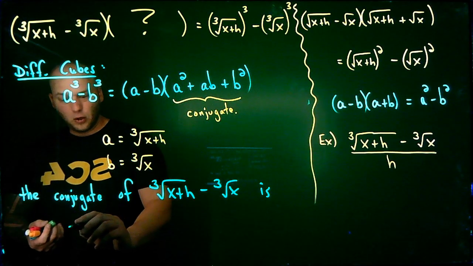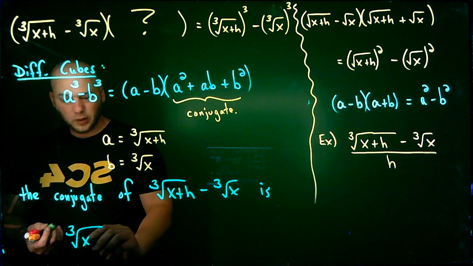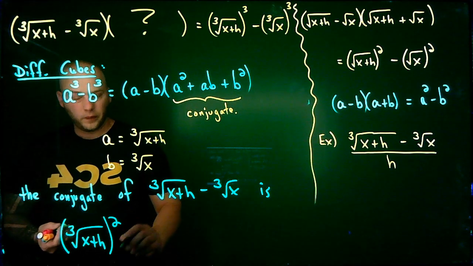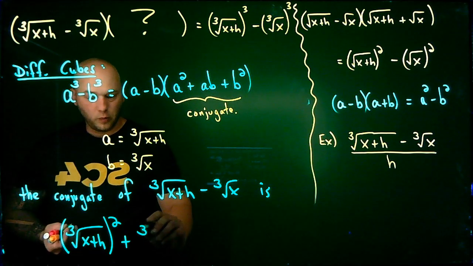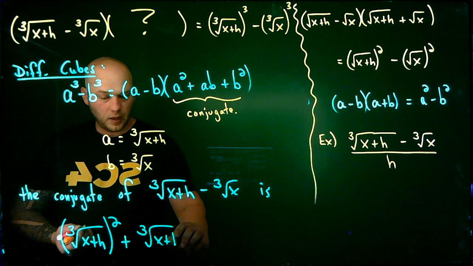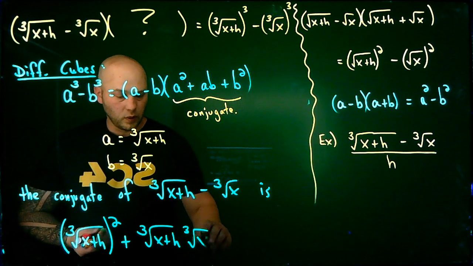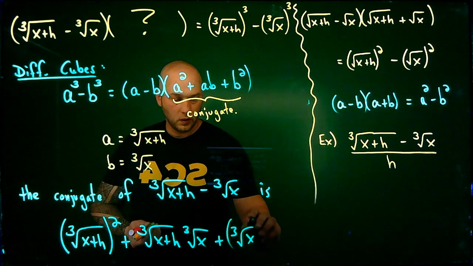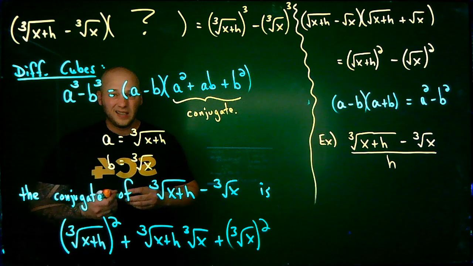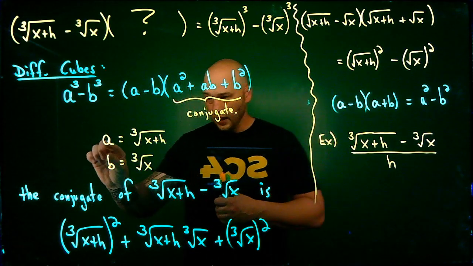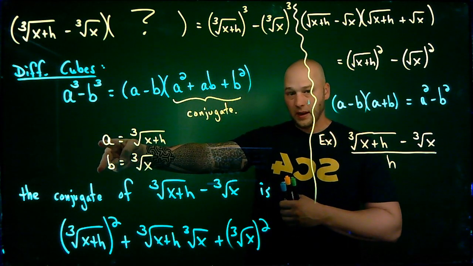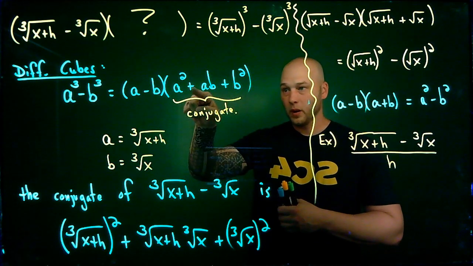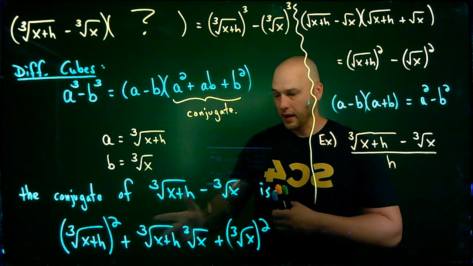It's the cube root of x plus h squared plus the cube root of x plus h times the cube root of x plus the cube root of x squared. That looks complicated. It's really not that big of a deal. It's simply the a and the b that I identified here plugged into this expression that's labeled the conjugate. So a squared plus ab plus b squared. That's exactly what I have down here.